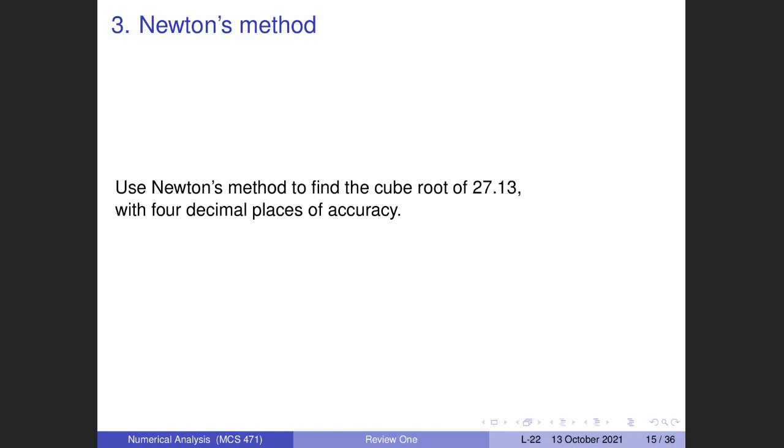There are 2 things that one needs to do. One needs to recognize that there is an equation that is being solved, and one must then also set up Newton's method for this problem. You could look into the function that we have defined. And the third step is that you need to know how many steps you need to do to get 4 decimal places of accuracy.